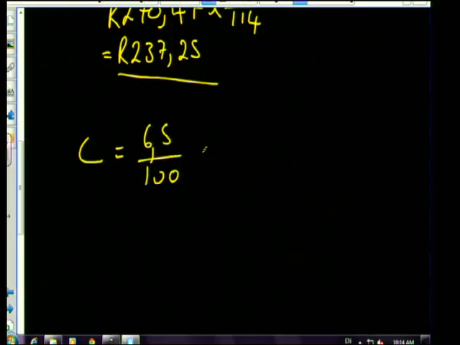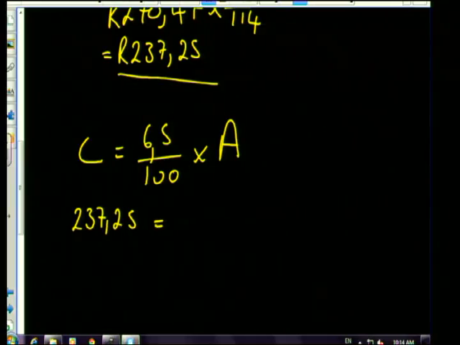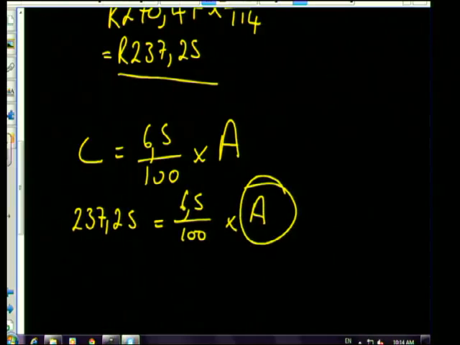It's 6.5% of the amount of money we're exchanging. We don't know how much we're exchanging, but what we do know is what the commission is. And what is the commission? It's 237 Rand 25 cents, and that is equal to 6.5% of whatever that amount is. We want to know, what is that amount?